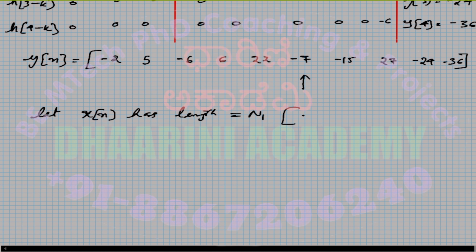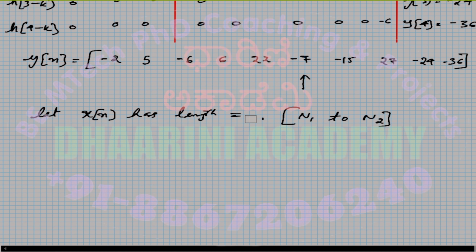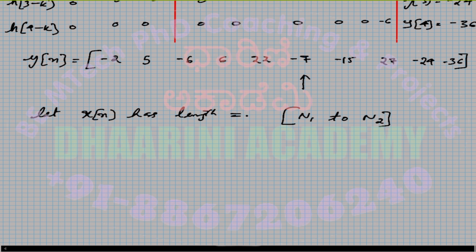In bracket I'll write, say, n1 to n2. It starts at n1, goes till n2, so the total length is n2 minus n1, which I'll denote by l1.